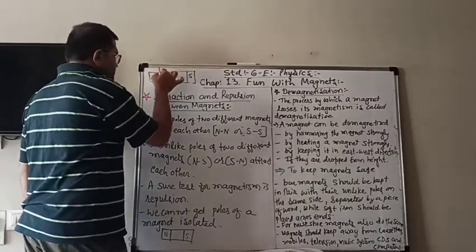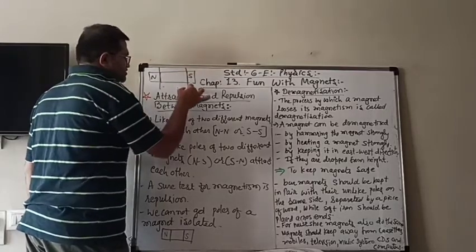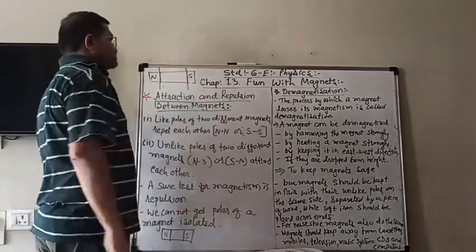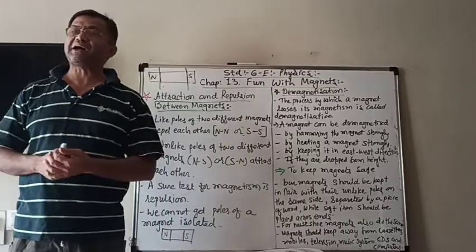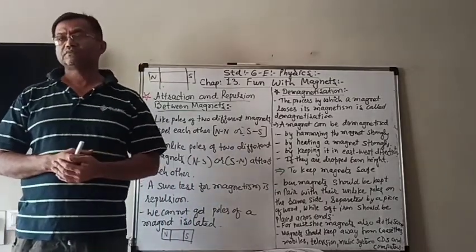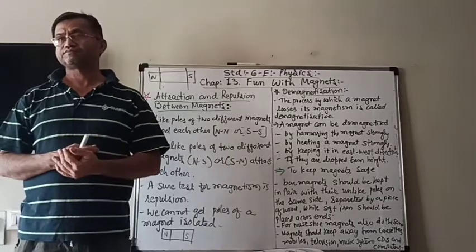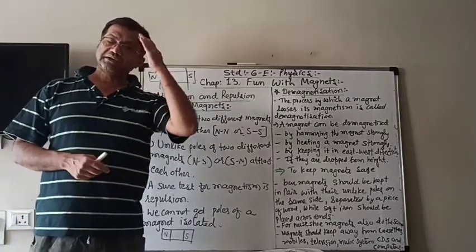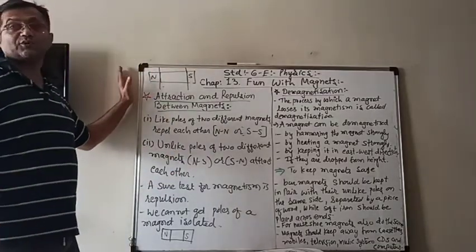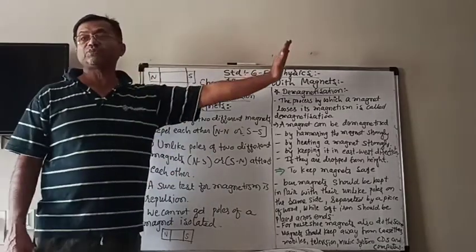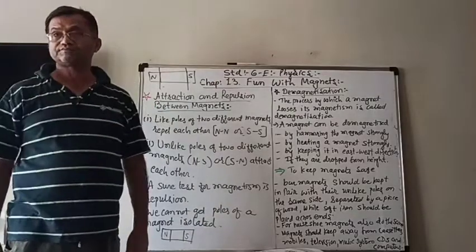Now if I cut this part, I cut it into three parts, then in which part will there be the north or the south pole? Generally, it will come to mind that this part will have the north pole, this part will have the south pole, and the middle part will have nothing.